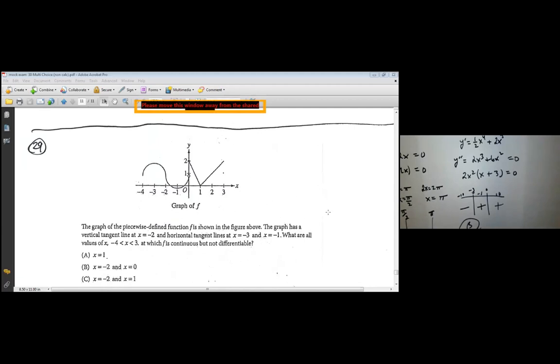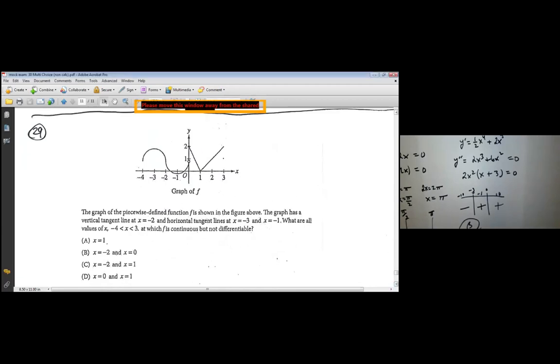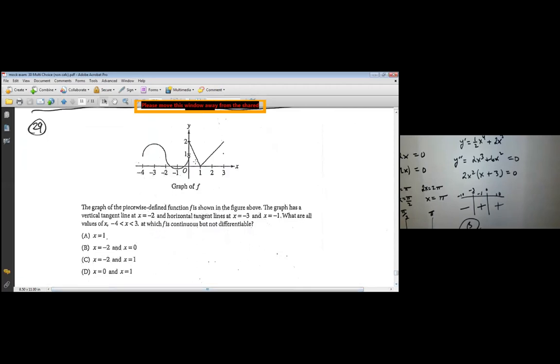So for me, I would read the choices. At 1, is it continuous but not differentiable? Sure is. It's continuous, but we can't take the derivative because it's a sharp point. So I know right away 1 has to be in my answer, which tells me not even to look at choice B. So now I go down to choice C.